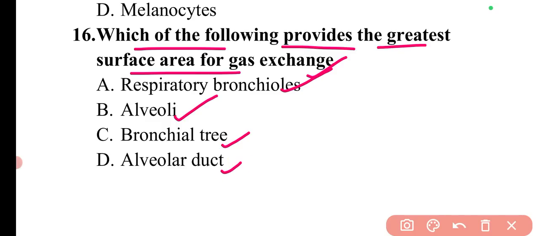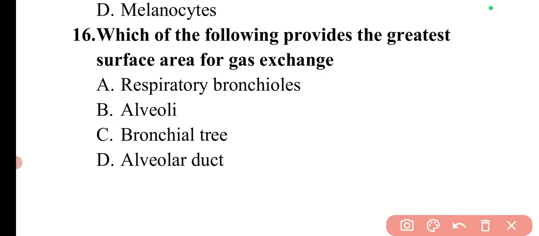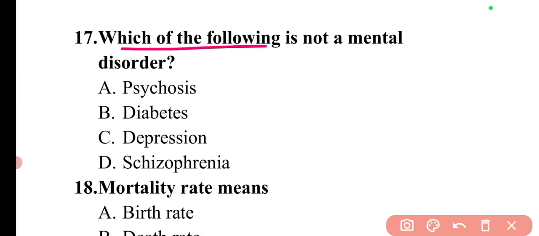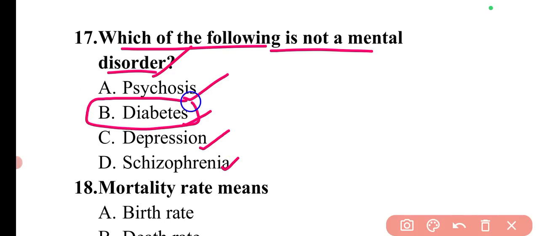And the correct answer is option number B, alveoli. Next question is, which of the following is not a mental disorder? Options are psychosis, diabetes, depression, schizophrenia. And the correct answer is diabetes, option B.